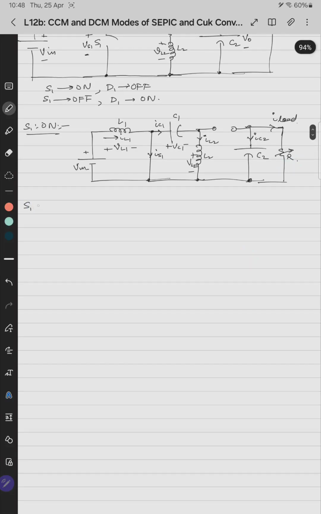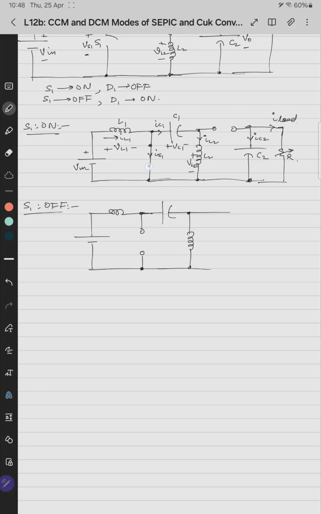And when S1 is off, the circuit looks like this. This is open. This is the capacitor C1. This is the inductor. Now this is short circuited. So here I'll draw it like this. The diode is forward biased.